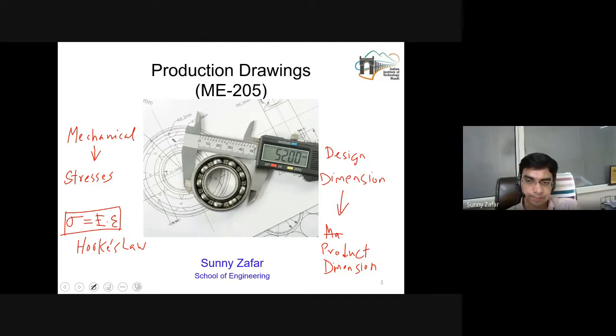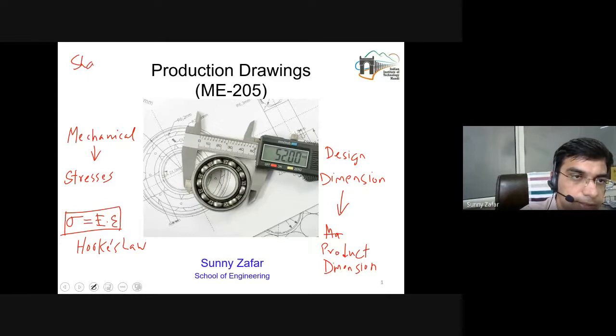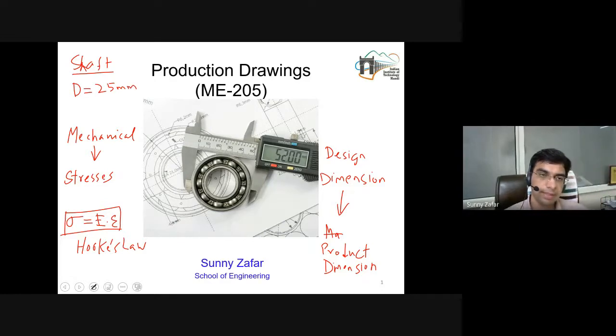So what happens, I may design a certain product. For example, I'm looking to design a shaft. We have just seen the shaft couplings, so I'm just looking at that. I have designed a shaft of 25 millimeters diameter, which will be carrying, say, 100 Newton meter of torque.